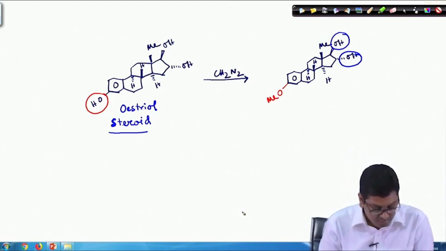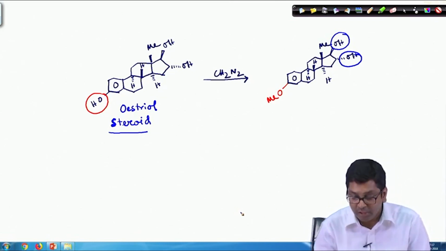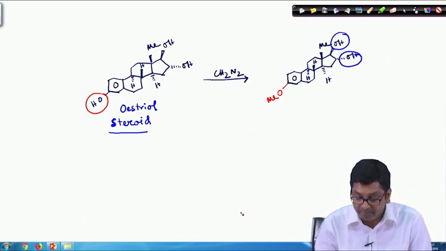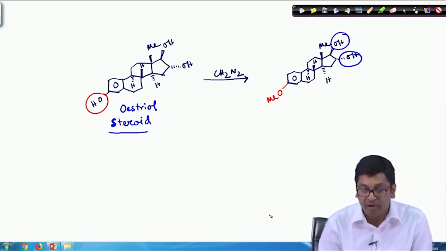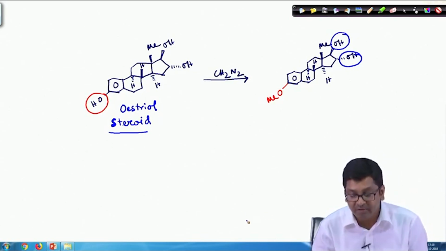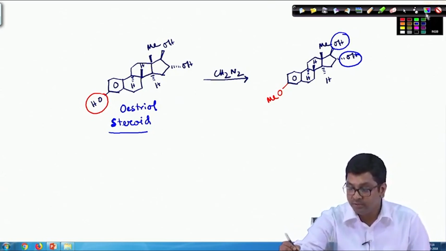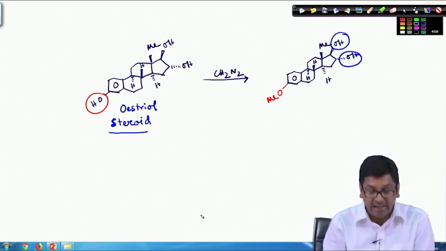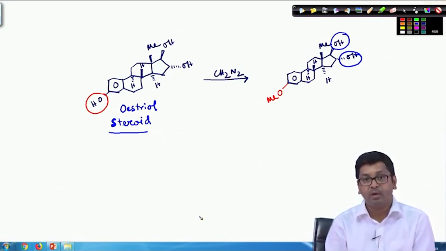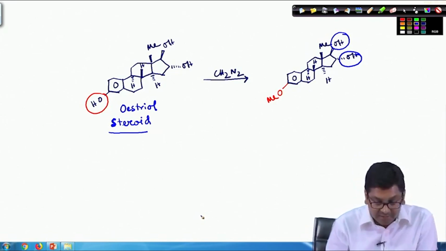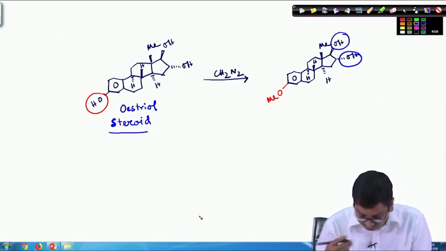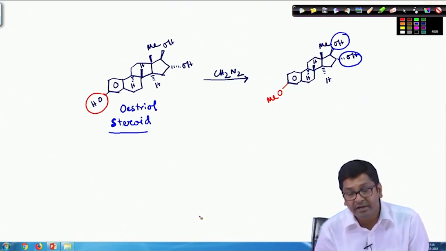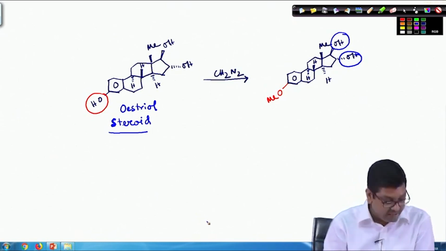Okay. Now, why are we doing so many reactions with diazomethane, or trying to learn the chemistry of diazomethane reactivity? Because the photolysis of diazomethane produces carbene. Okay. One of the precursors for generating this carbene is diazomethane.